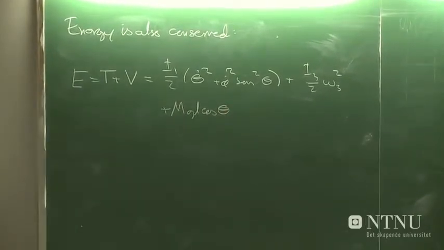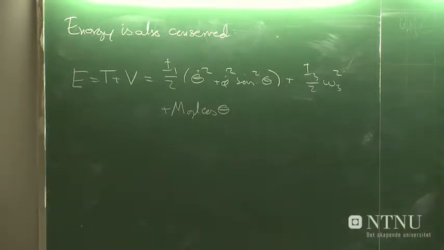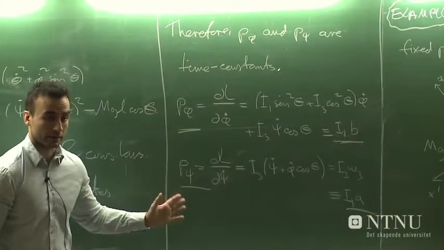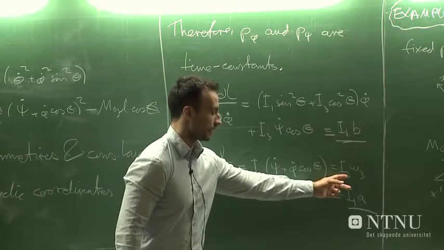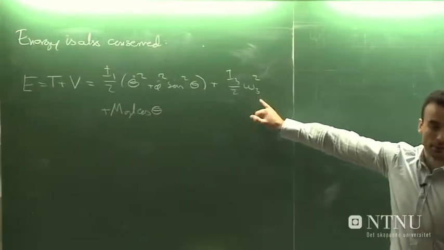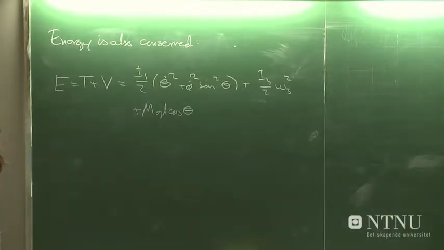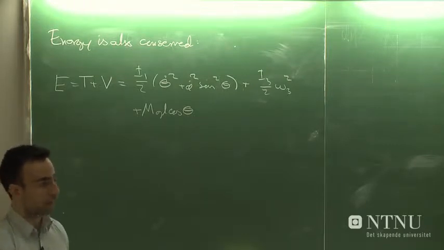So this combination of the quantities in the system should also be a constant. And note that omega 3 is a constant in this problem, since p psi is a constant and it's proportional to omega 3. So I've just written the energy here in terms of omega 3. Okay, so we have 3 conserved quantities. And let's now see if we can use these equations to simplify our problem.